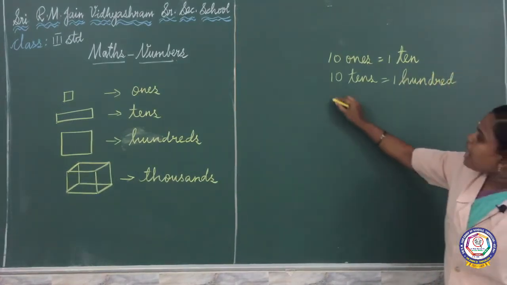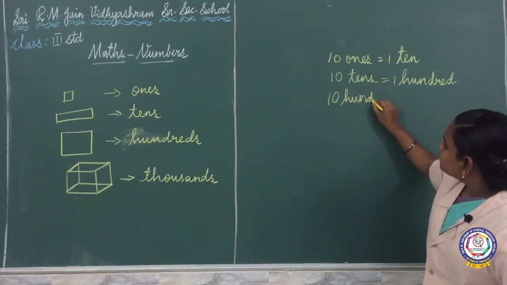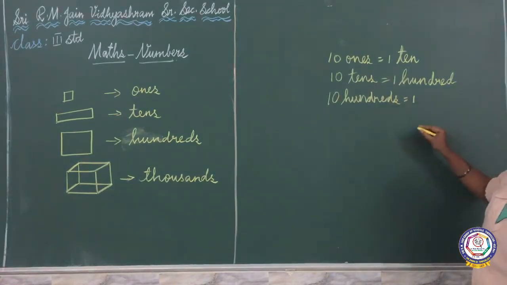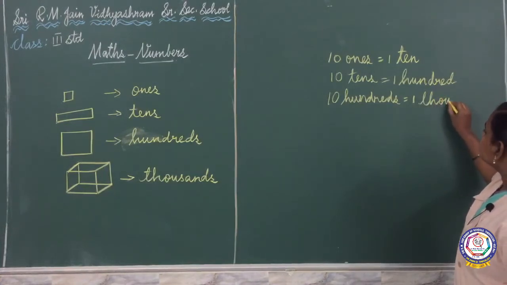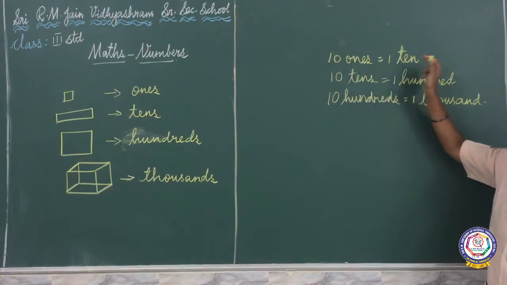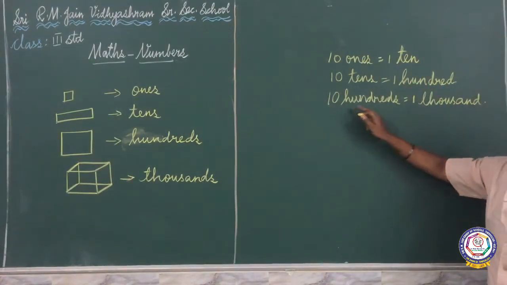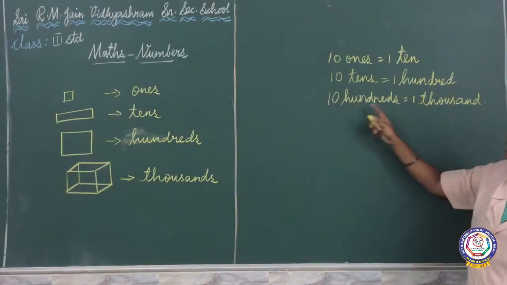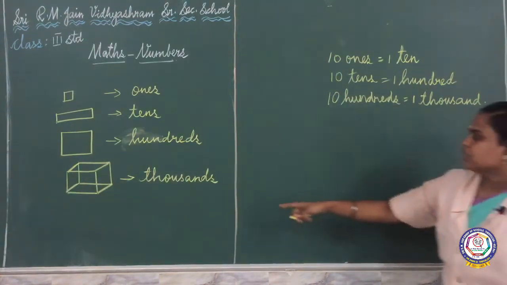Similarly, 10 hundreds make 1000. So 10 ones make 10, 10 tens make 100, 10 hundreds make 1000. So to represent thousands we are using that cube for thousands.